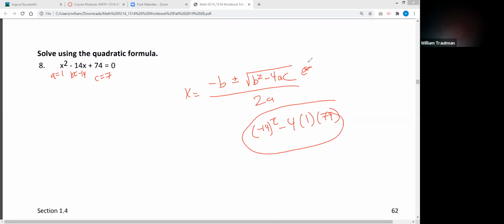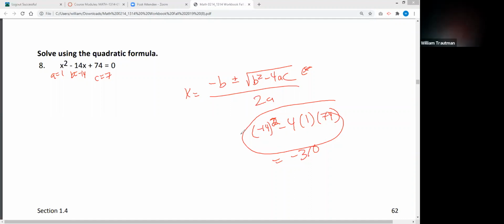Parentheses negative 14 squared minus 4 times 1 times 74. If you put this in your calculator, does anybody else get negative 310? I got negative 100.